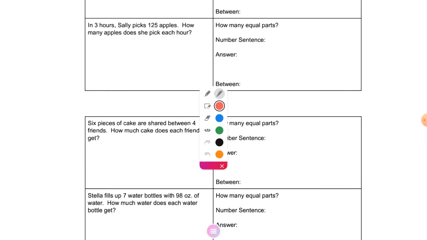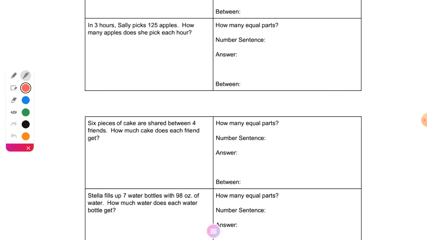I want you to make a star and write per, each, every. Per, each, every. And then you're going to write a question mark, which means it's in the question. It's not in the problem.